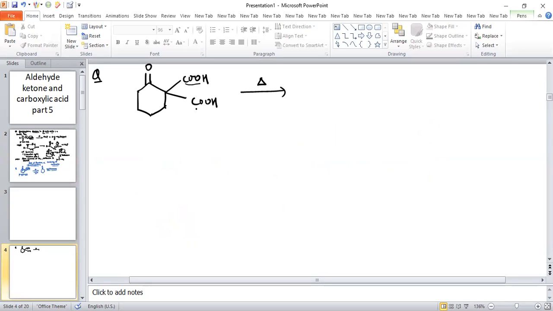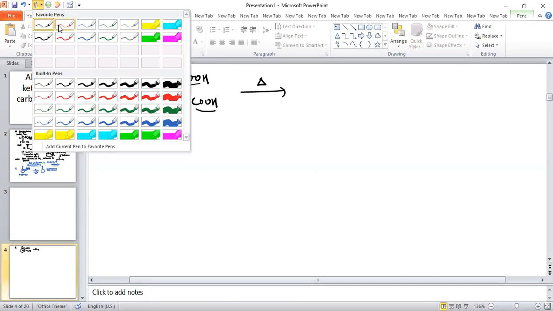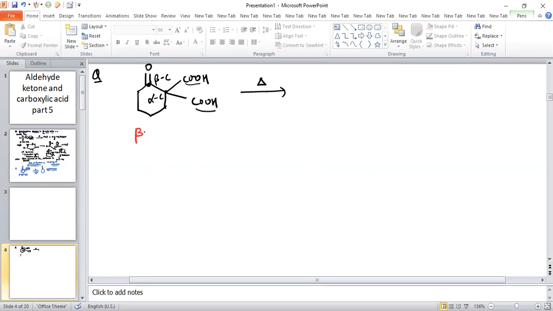This is a carboxylic acid, this is also a carboxylic acid; these are alpha carbons and these are beta carbons. So this is also a beta keto acid. When you heat, this CO2 gas will be removed and also this CO2 gas, because with respect to this COOH, this is a beta keto acid and also with respect to this COOH, this is also a beta keto acid.